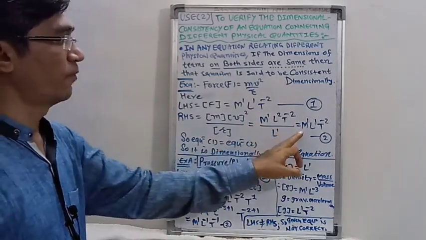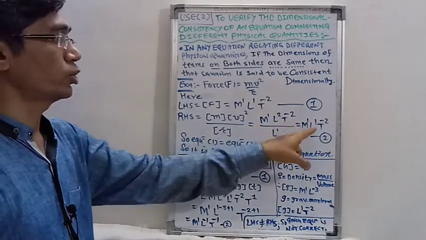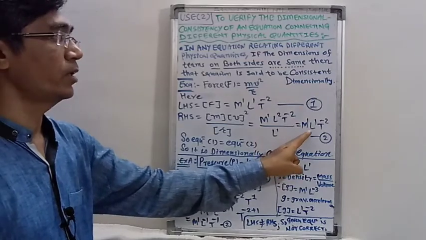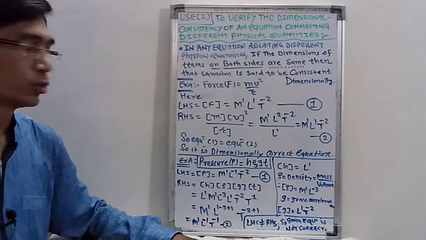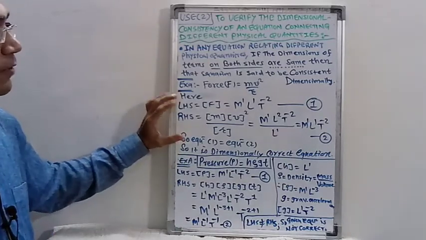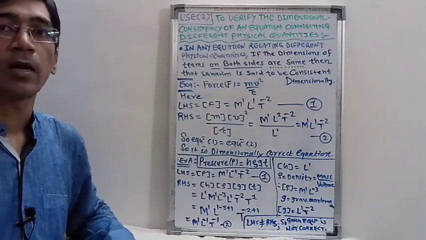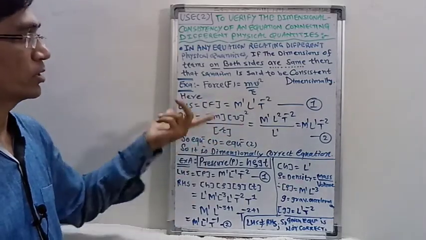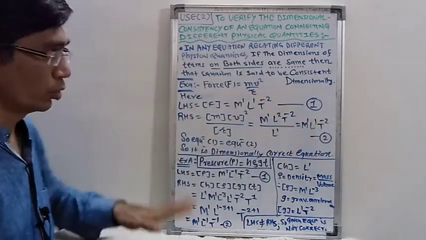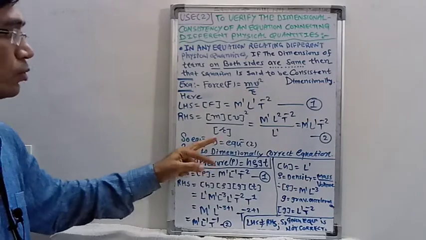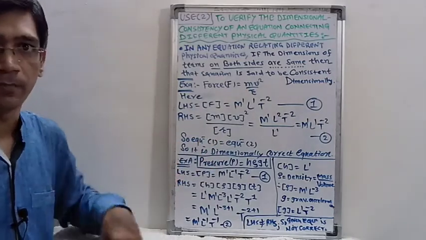So it is written as M1 L1 T minus 2, the second equation. Here the first equation and second equation have the same dimensions of M, L and T: 1, 1, minus 2. So equation 1 is equal to equation 2, and we can say it is a dimensionally correct equation.